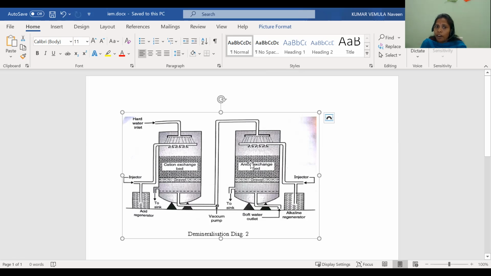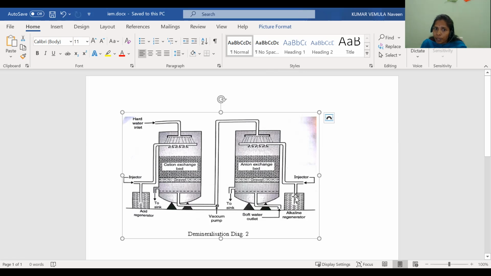Same in the case of the anion exchange resin also. Here, the OH- ions have been replaced with chlorides, nitrates, sulfates, and bicarbonates. When it is treated with the base, the alkaline, which is nothing but a basic solution, the bases have OH- ions.